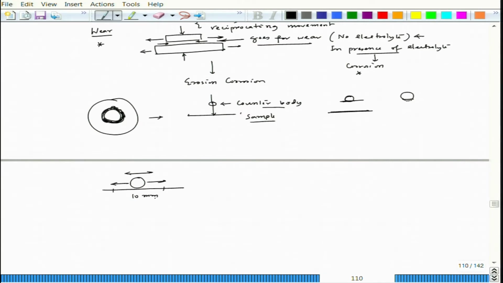And of course, you see material loss. This counter body would always act as a counter body, your substrate would become the sample. So, that time you have a wear part would be like this, if it is a flat surface. This particular area would be the worn out portion. And if you see under cross section, it might look like this.